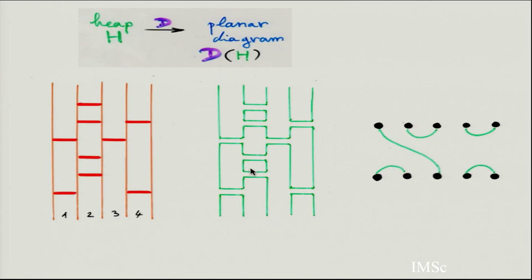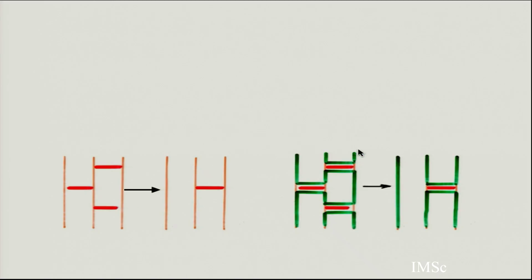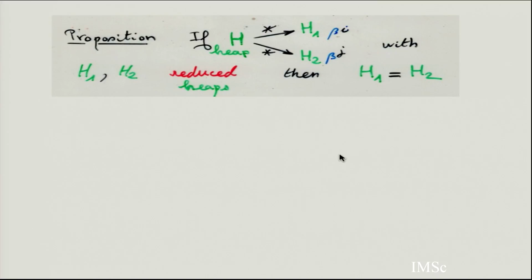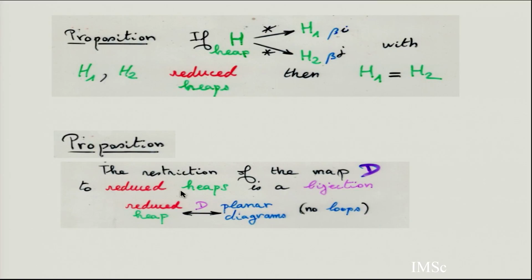You get the loops out, but you remember the number of loops by putting beta to the power the number of loops. So this is the original planar diagram, and this is the reduced planar diagram. The reduced planar diagram is invariant in the rewriting of the heaps. And there is a bijection between reduced heaps and reduced planar diagrams.